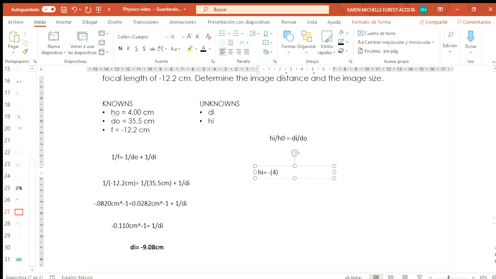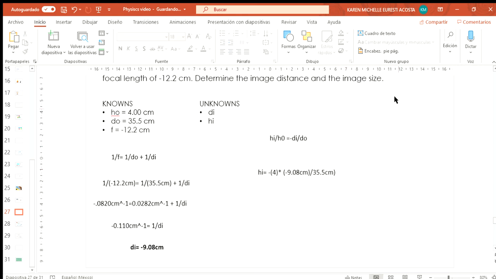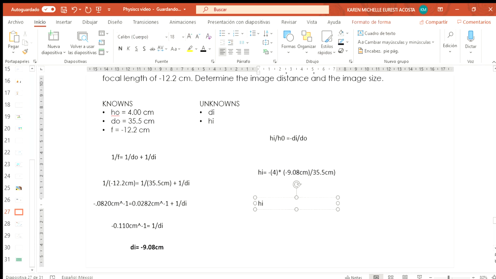-4, that is the h in here, because we pass it to the other side, multiplying the division of -9.08 centimeters divided by 35.5 centimeters, and that operation gives us the result that is 1.02 centimeters.